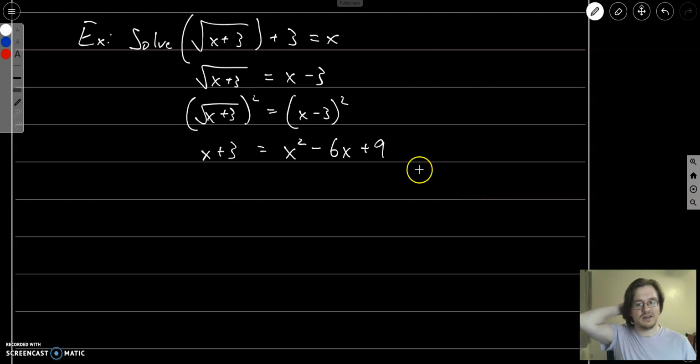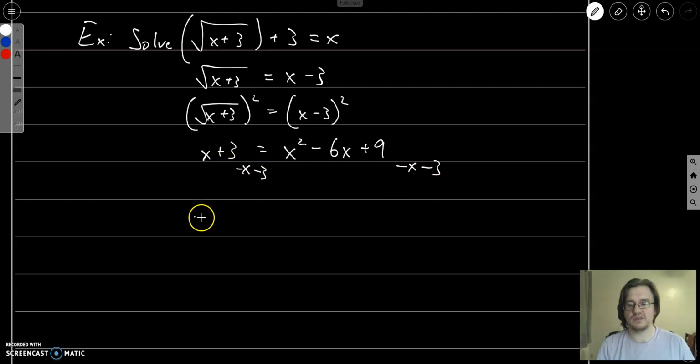And now I can start simplifying this and get this into a form that I'm more familiar with. Again, I have an x plus 3 on this side. I'll get all of my terms to the right-hand side. So I want to subtract an x from both sides so that the x's will cancel. And I also want to subtract a 3 from both sides.